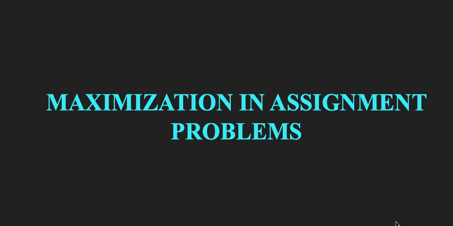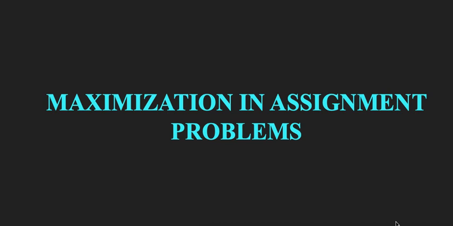The objective of maximization in assignment problems is to maximize the profit. So how are we going to solve such type of problems? We would first be given a profit matrix, and we have to convert that profit matrix into a loss matrix. How are we going to convert the profit matrix into a loss matrix is a big question here.